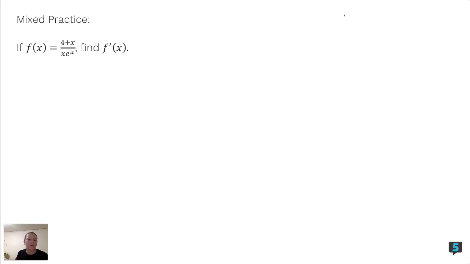What do you think? Should I use quotient rule, product rule? Is there some kind of algebraic simplification I could do on this one up front?